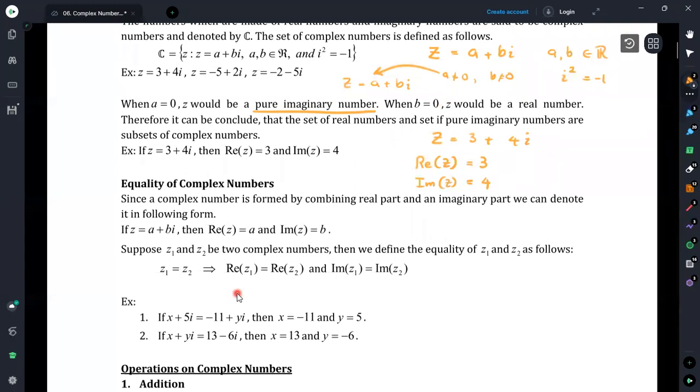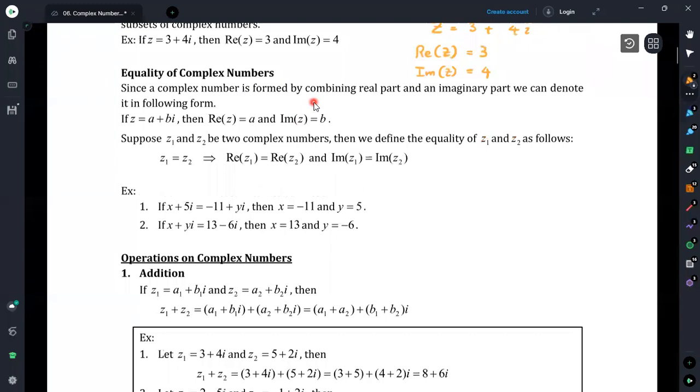Now we will discuss the equality of complex numbers. Since a complex number is formed by a real part as well as an imaginary part, for two complex numbers to be equal, the real parts should be equal as well as the imaginary parts should be equal.